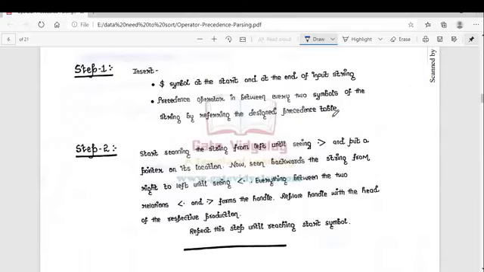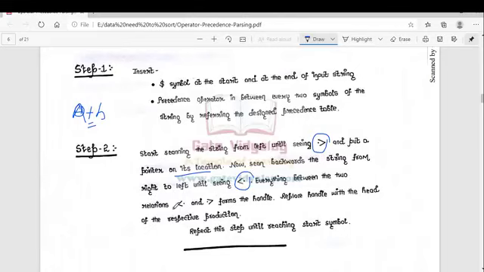The precedence operator should be between the symbols of the string, like a plus b. So the precedence operator should always be in between two terminals. Start scanning from the left until seeing this and put a pointer at its location. Now scan backward, starting from right to left, until seeing this.